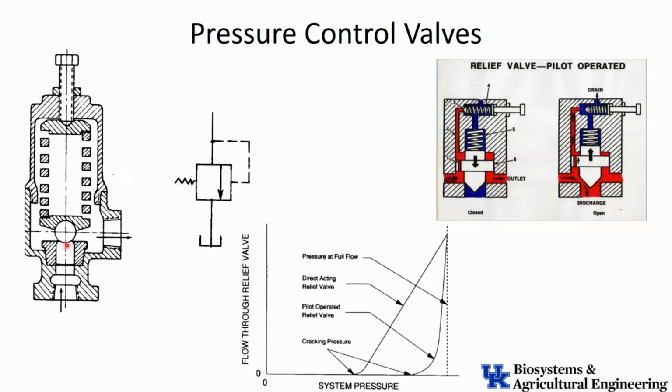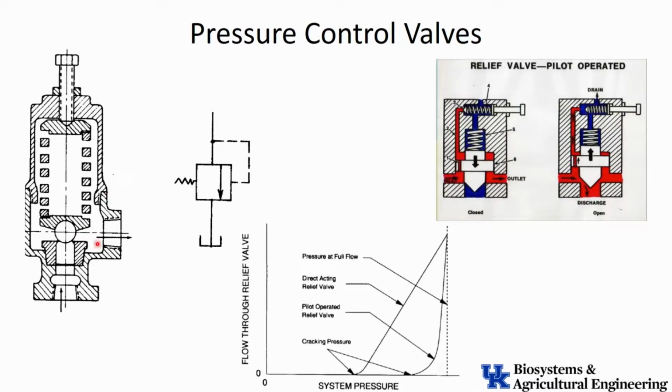And the pressure here is going to act against this bottom of this ball. And we have pressure over a certain area, and that's going to develop a force. And when that force gets high enough, it's going to move that spring, push the spring up. That allows the flow to come up through here and go out through the outlet of the port. So it's pretty simple. You just open the spring. When the pressure gets high enough, it moves the spring and opens it up.